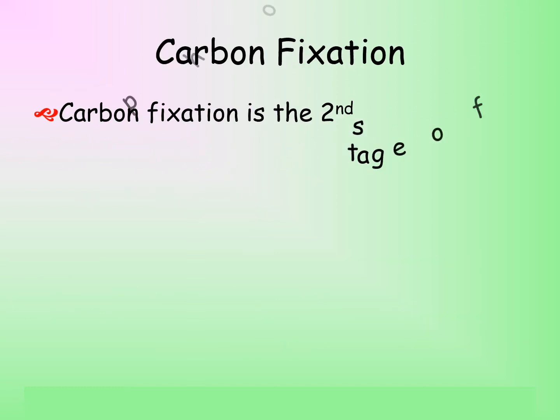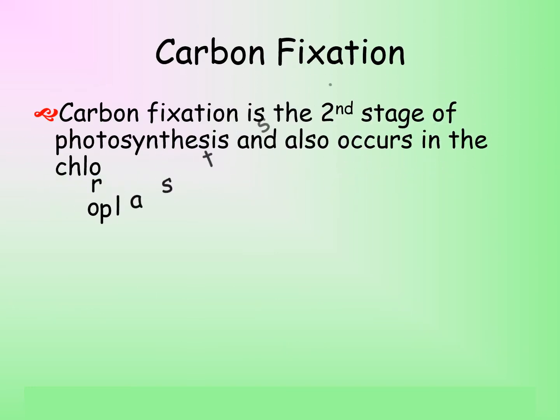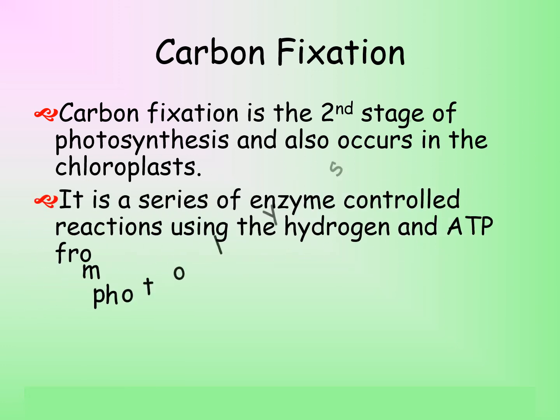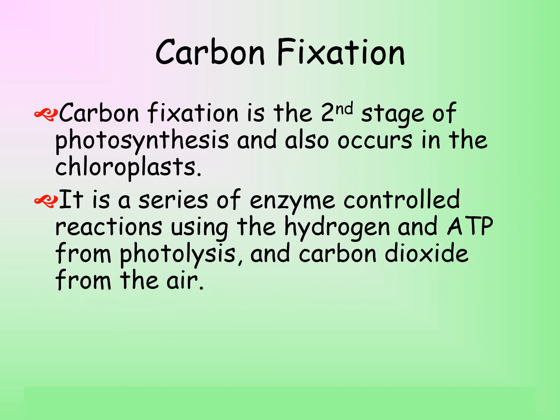This is called carbon fixation, and this is enzyme dependent. So it's a series of enzyme-controlled reactions using the hydrogen from the light-dependent stage and the ATP and carbon dioxide from the air.